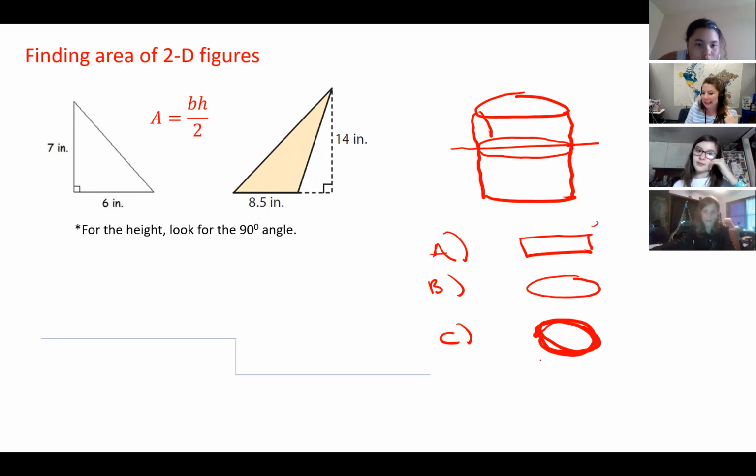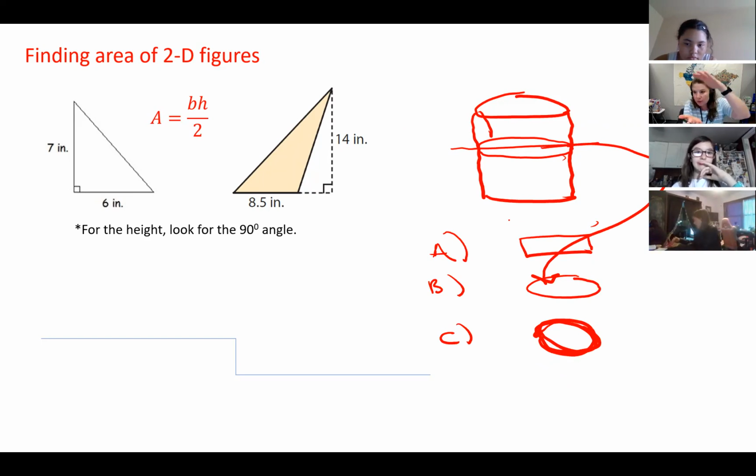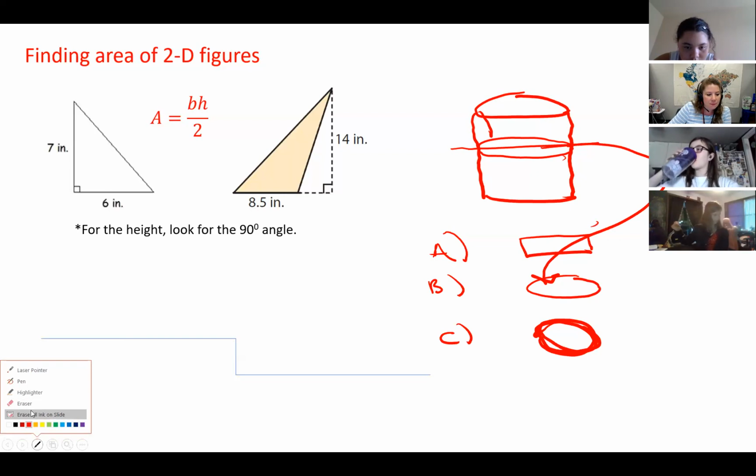You're going to pick C, even though it looks like an ellipse, right? It isn't, it's a circle because we are looking at a two-dimensional surface trying to represent a three-dimensional figure, okay? Am I making any sense at all? Okay, good.